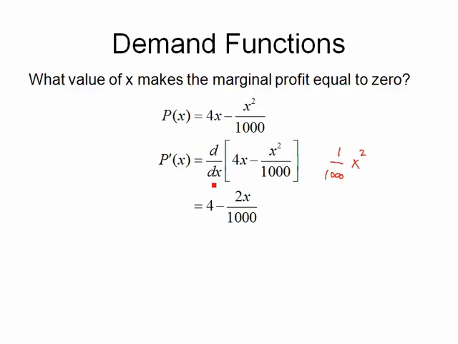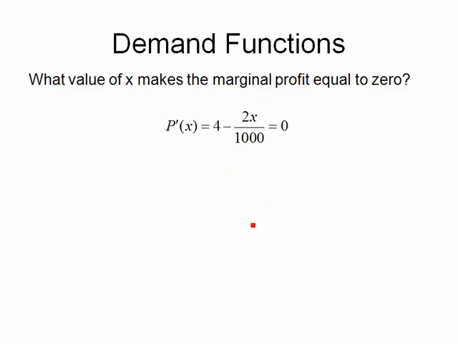So we now have our marginal profit function, and we need to set that equal to 0 and solve it for x. So I'm going to go ahead and move the 2x over 1,000 to the other side. When I do that, I get 4 equals 2x over 1,000. And in order to solve that, I'm going to clear out my fractions by multiplying both sides by 1,000.